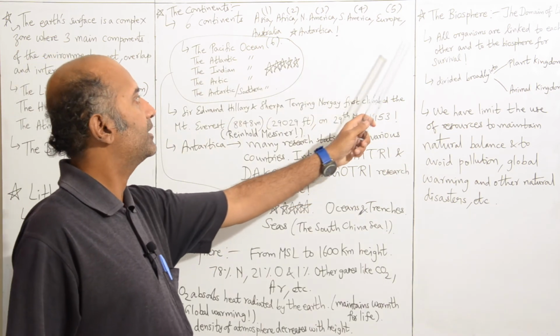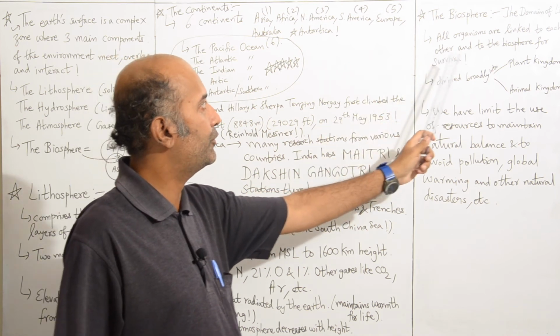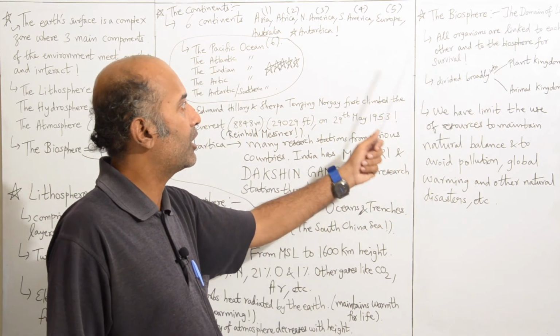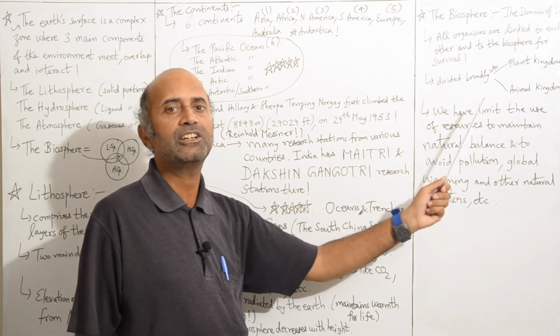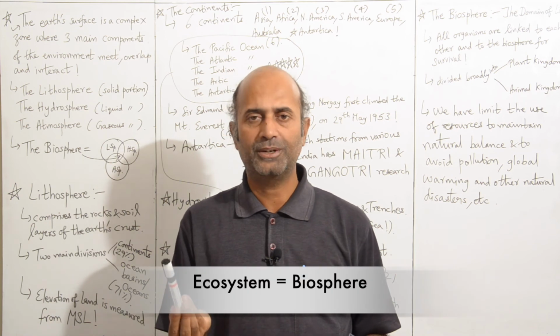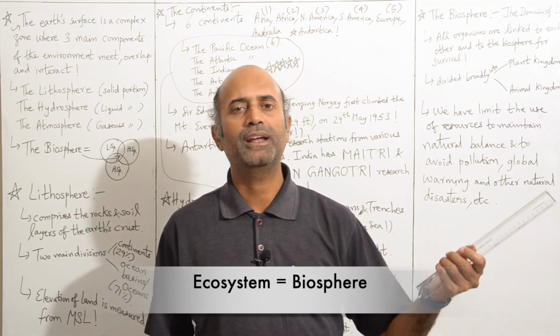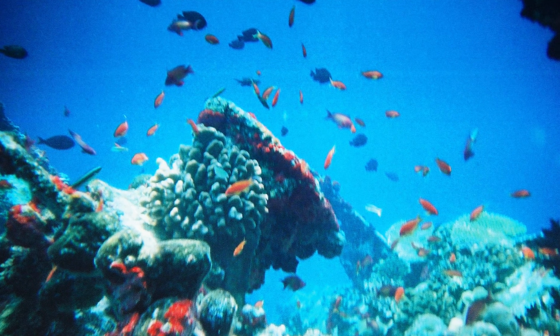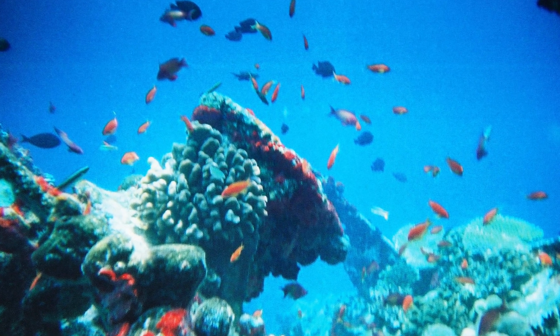Next, we talk about the biosphere. The biosphere is also known as the domain of life. So all organisms are linked to each other and to the biosphere for survival. They are also known as an ecosystem, like say a biosphere in a park, or a biosphere in a natural forest, or in a river area, or in the seas or in the oceans.